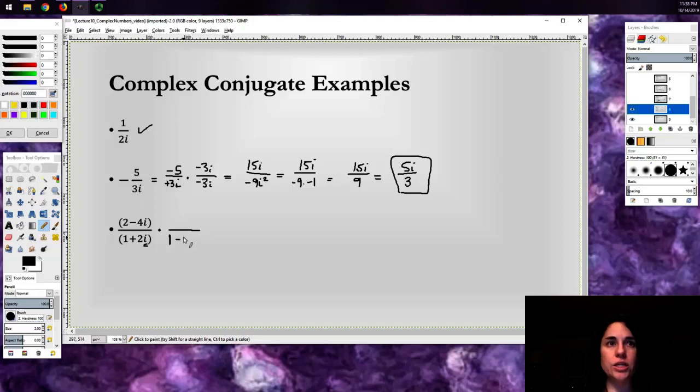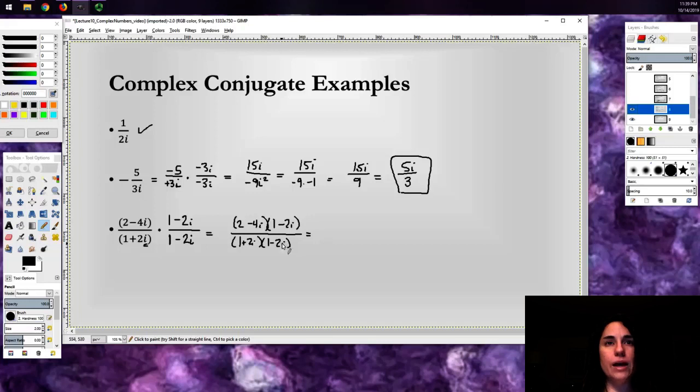The only thing that changes sign is the imaginary part. So I get negative 2i. And then because I want to multiply by a factor of 1, I'm going to multiply the top and bottom by the same thing. So I get 2 minus 4i times 1 minus 2i over 1 plus 2i times 1 minus 2i.